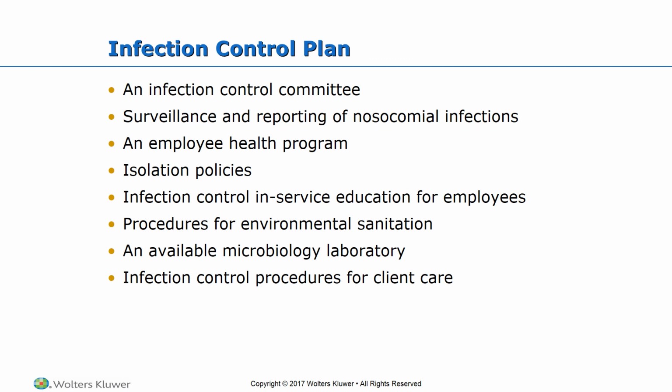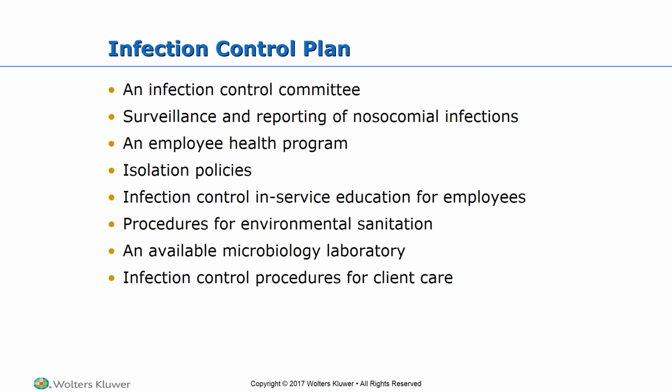Coming down to the home stretch, the infection control plan. Because we have infections, we need to control them, therefore we need a plan. A great place to start is with an infection control committee, a surveillance and reporting system for nosocomial infections, an employee health program.